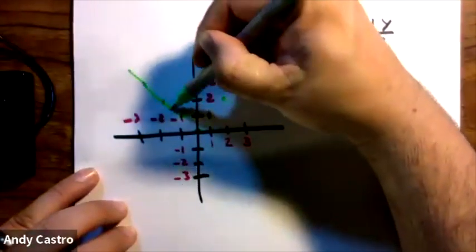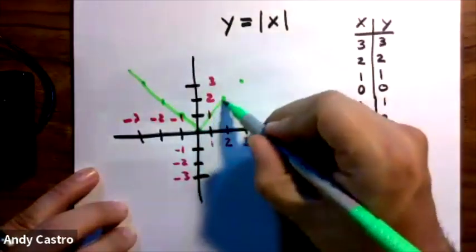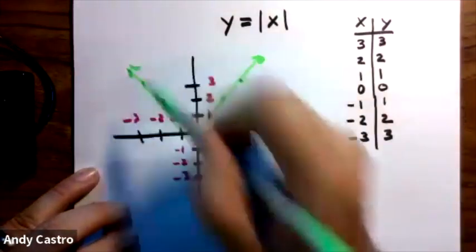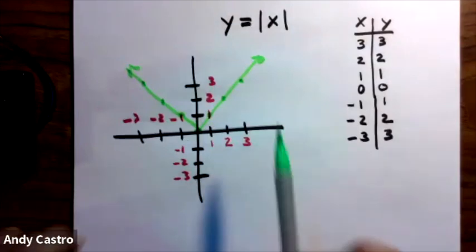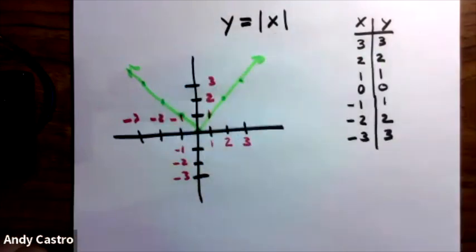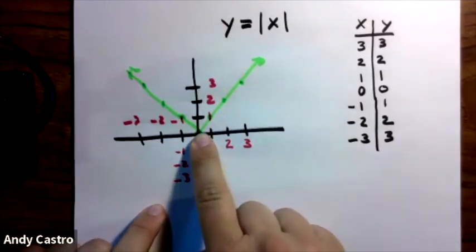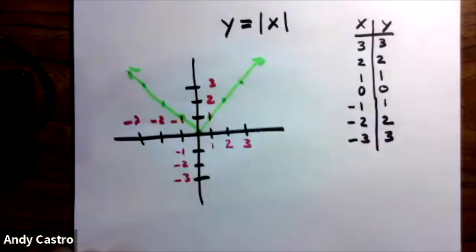All right, so this is my graph. It creates kind of this corner, right? And that's what the absolute value equation is going to yield. It's going to yield this very sharp corner right here going off on 45-degree angles.